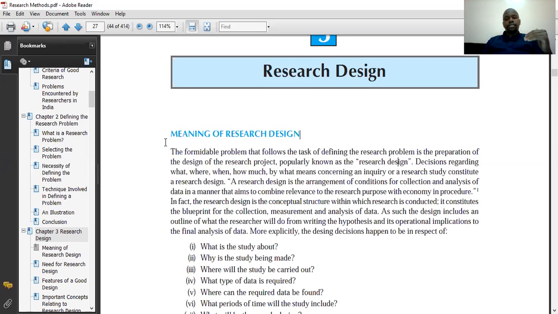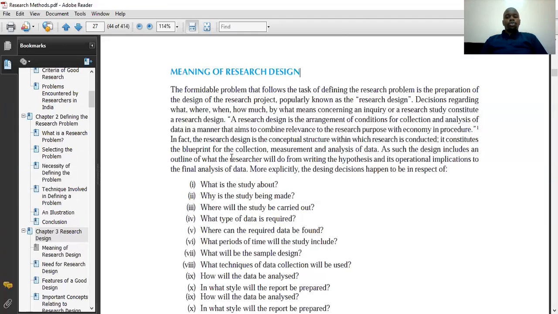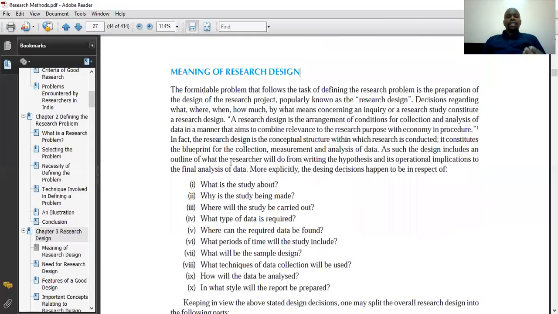Then I'm going to visit such and such a person. In other words, you have a plan of what you're going to do during your travel days. It's called an itinerary. It's a plan of what you're going to do and how you're going to do those things, okay? So a research design as well is a plan of what you're going to do during your research and every other thing that concerns your research. A research design is normally written before the research because it's a plan before the research.